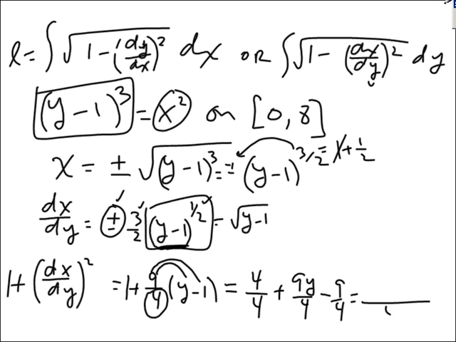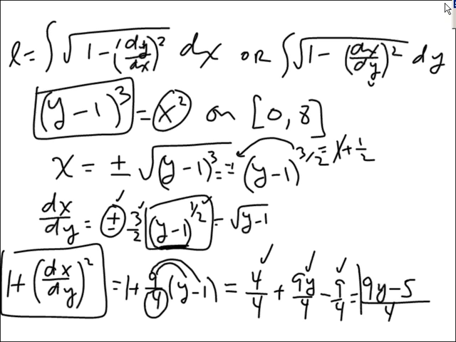And everything's over 4. We have 9y. You take away 9 and you add 4. You took away 5. That's exactly what we get for 1 plus the derivative squared. We get this. And then we integrate.